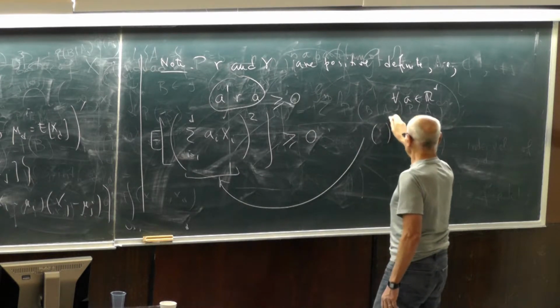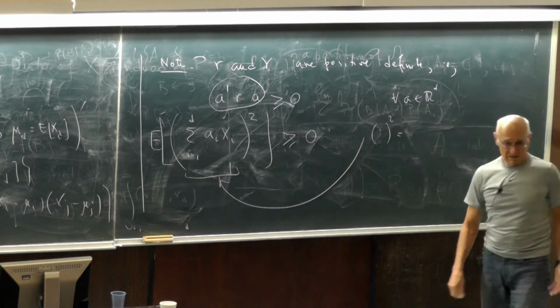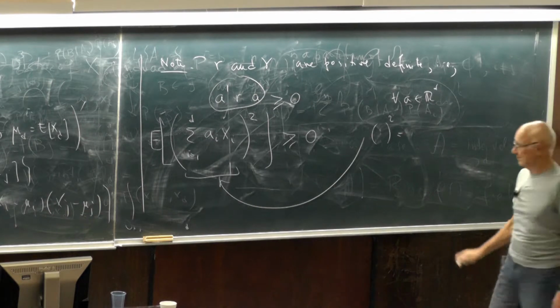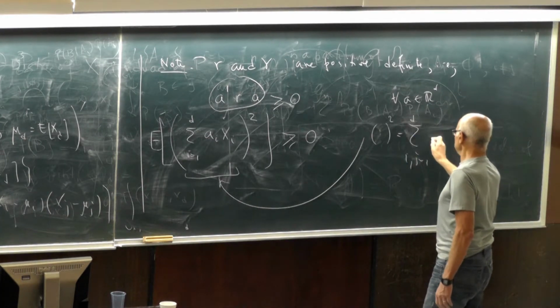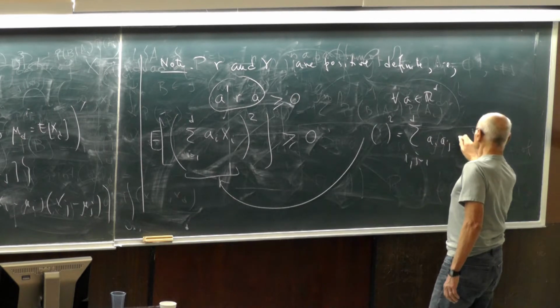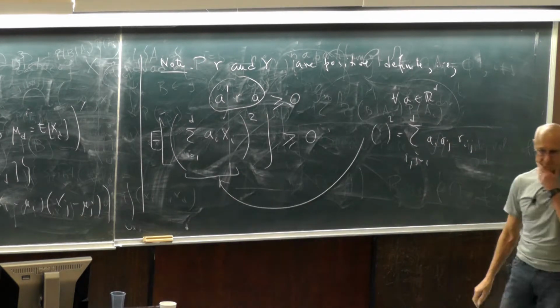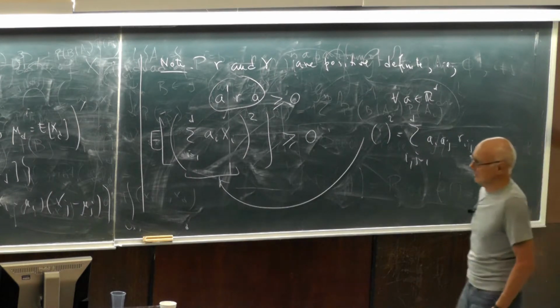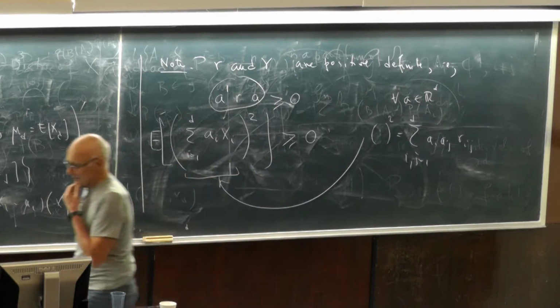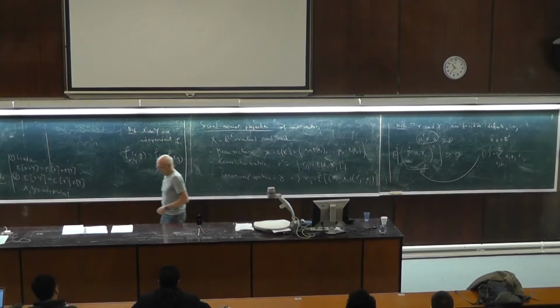So this parenthesis squared, I have a double sum, right? i, j, 1 to d, a_i a_j R_ij. Shall I write more, which is obvious? Good, right? Okay. So this is a proof. It's right there.